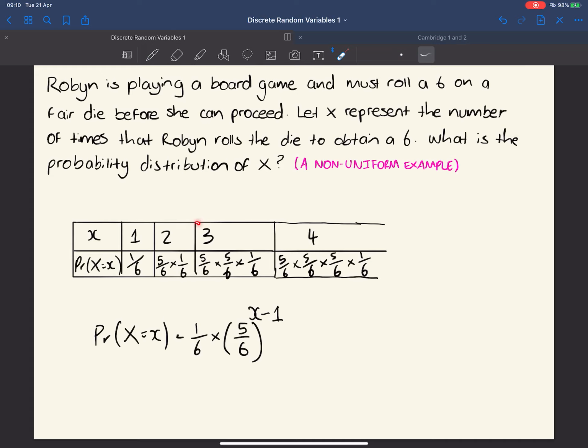Because let's take this example here. If X is 3, well, looking at this rule, to define how many times we multiply by 5/6, we minus 1. 3 minus 1 is 2. And so that gives us the number of 5/6 that we multiply by. So this is the rule.